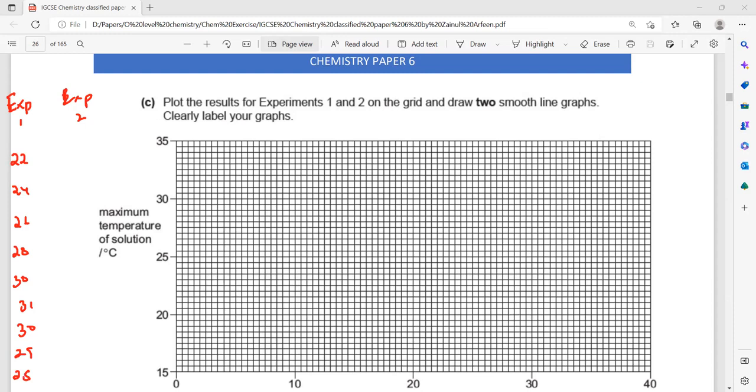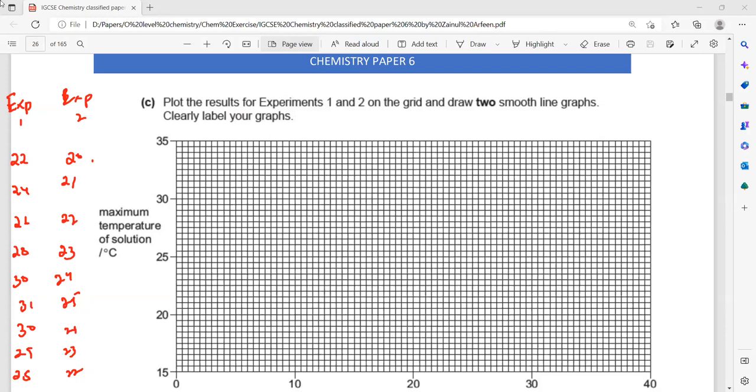And for experiment 2, we were having 20, 21, 22, 23, 24, 25, 24, 23, 22. And the amount added was, in the beginning, 0, 5, 10, 15, 20, 25, 30, 35 and 40.